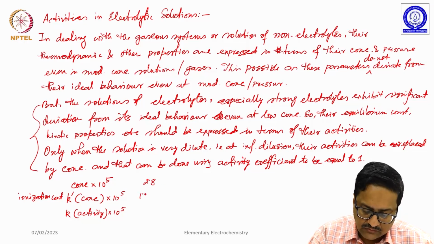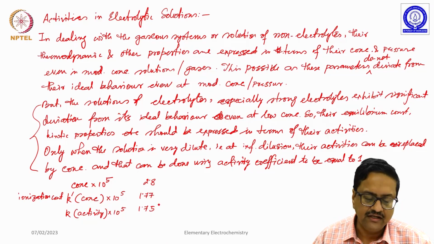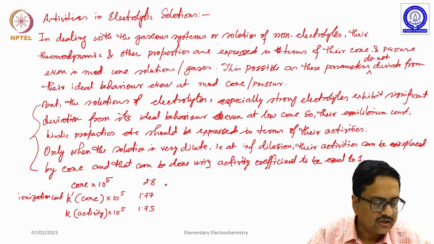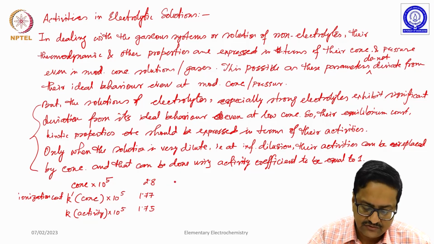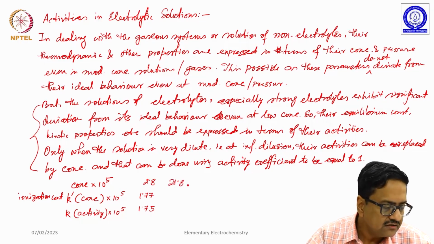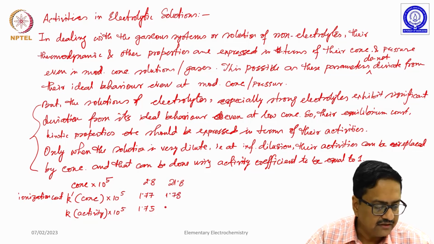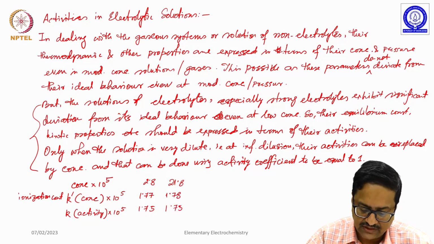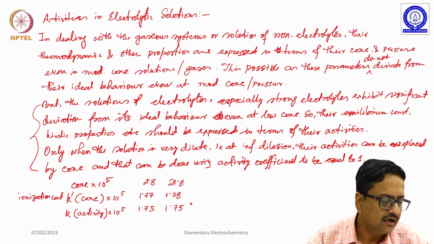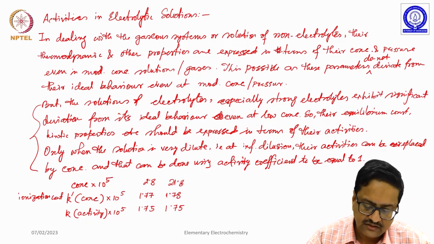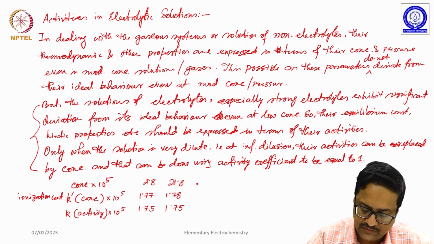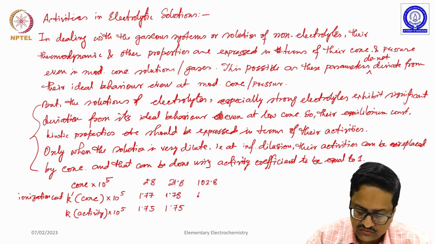Then the values are 1.77 and 1.75. You can see that they are fairly close or very similar. When the concentration is increased about 10 times, from 2.8 it goes to 21.8, you see that the value of K prime is 1.78 and this is 1.75. Still they are fairly similar. But then when we further increase it by say 5 times, about 102.8, this now starts to change.